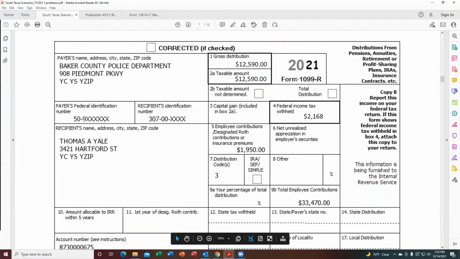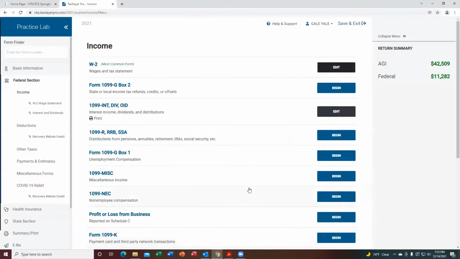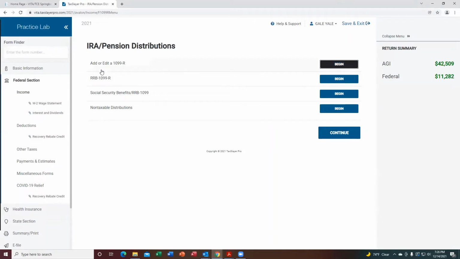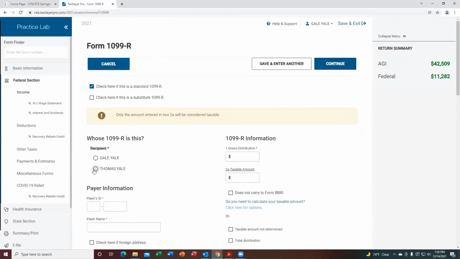So again, you have the form here, 1099-R, belongs to Thomas. And then you have the information here. So 1099-R, and it's the first one at the top, and belongs to Thomas.